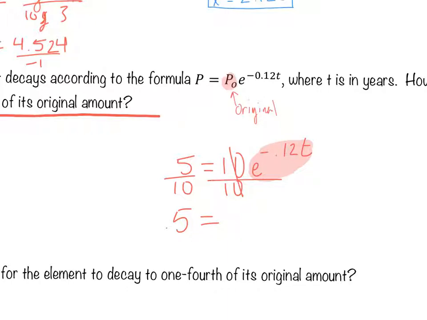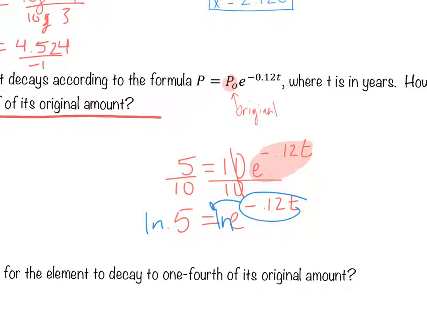If it said a fourth, it'd be 0.25 and so on. Then you have e to the negative 0.12 t. Now, to solve this, we have a base e, so we're going to use the natural log of both sides. That allows this to move out front.